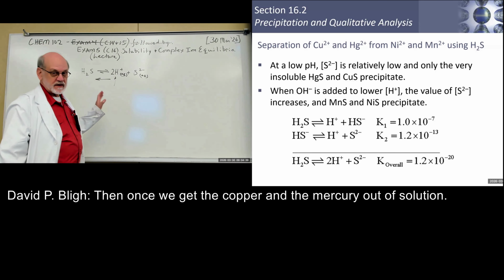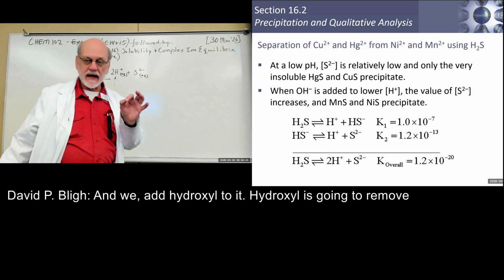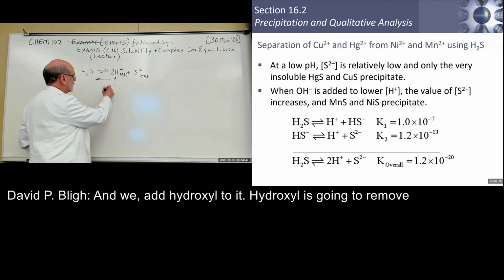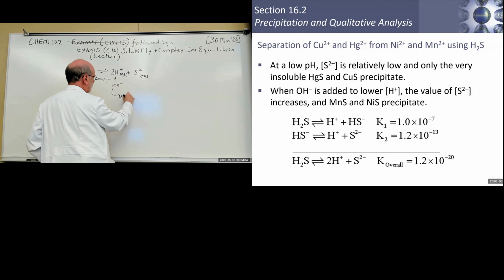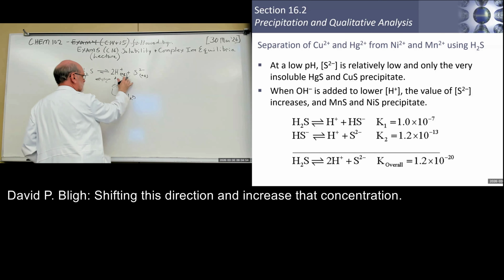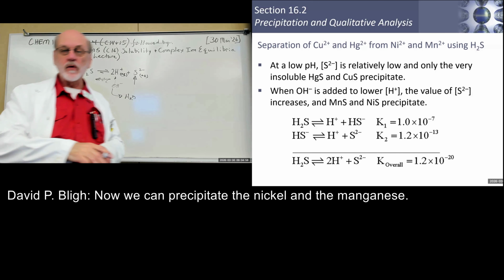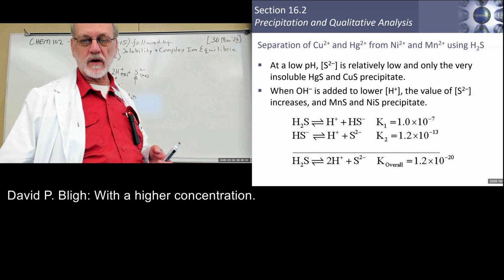Then once we get the copper and the mercury out of solution, and we add hydroxyl to it, hydroxyl is going to remove hydrogen ion as water, shifting this direction and increasing that concentration. Now we can precipitate the nickel and the manganese with a higher concentration.